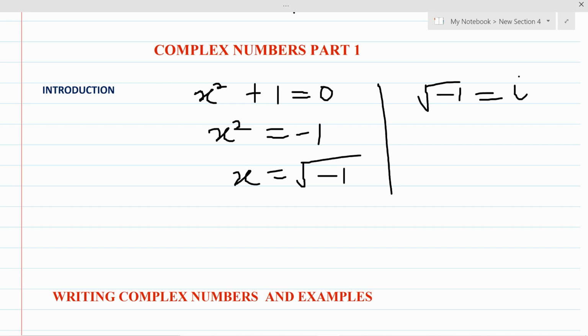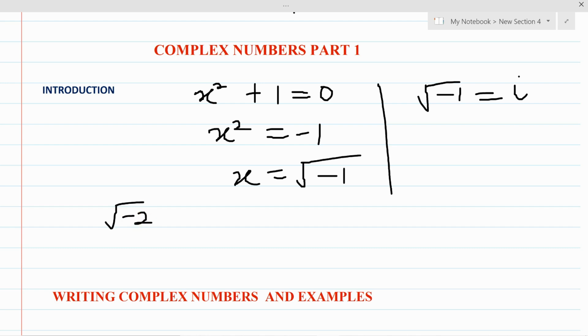If square root of -1 is equal to i, then it means we are doing what we call complex numbers. So in complex numbers, actually we are trying to represent square root of negative numbers with some symbols. If this is the case, then what if we have square root of -2? How do you compute this?